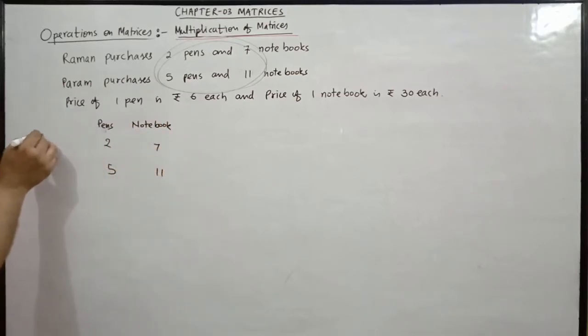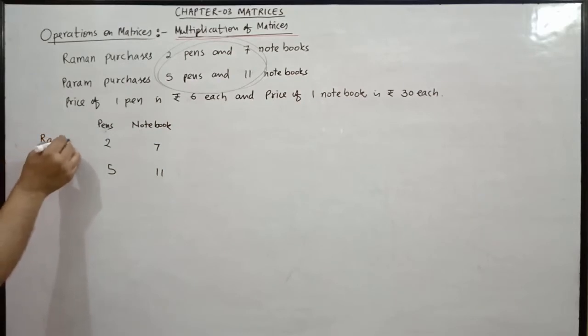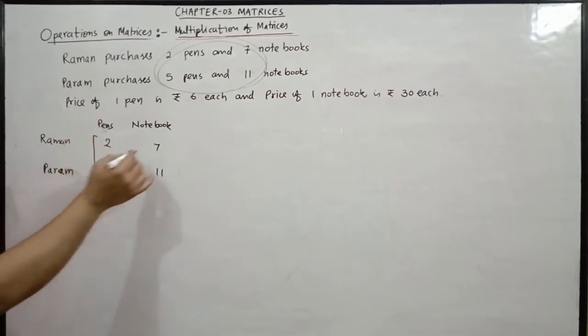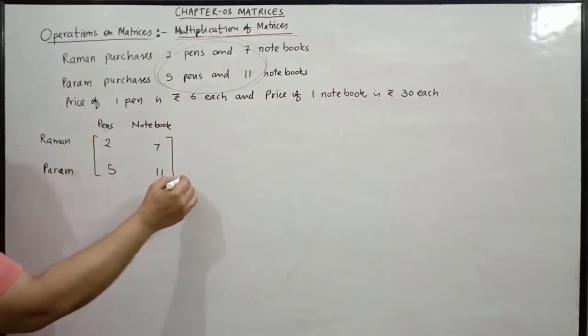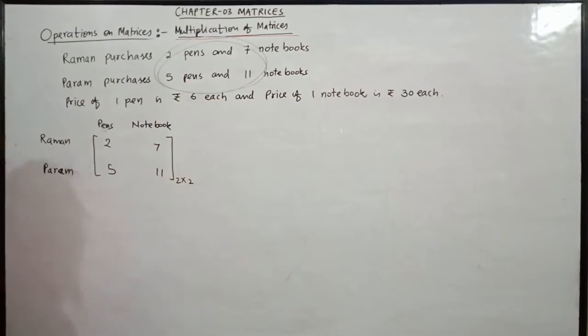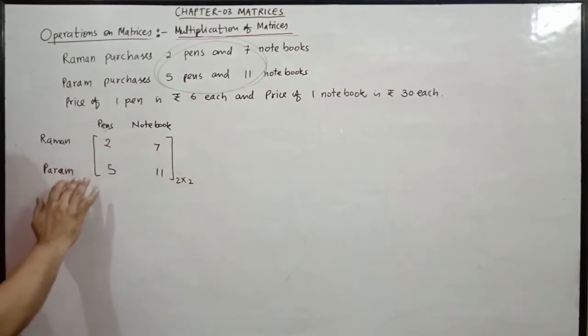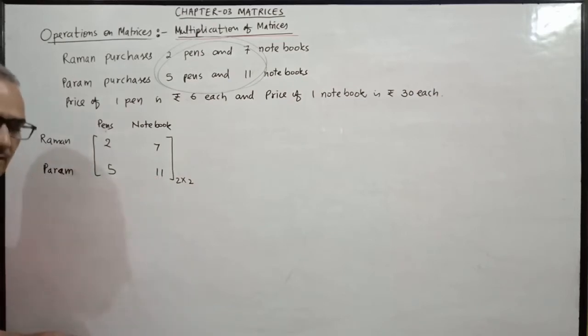This is the information of Raman and this is the information of Param. So I am getting a matrix of order 2 by 2 here. It means that Raman has purchased 2 pens and 7 notebooks, Param purchased 5 pens and 11 notebooks.